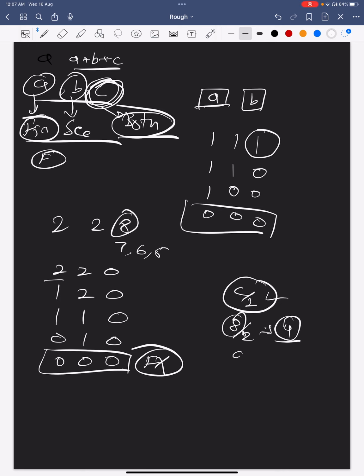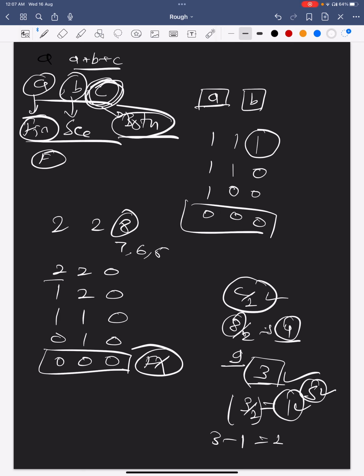But if it is odd, like 9 or 3, then A will get more moves, because the first girl starts first. For 3, 3 by 2 with the lower bound is 1, so 1 goes to the second girl, and 3 minus 1 equals 2, so 2 go to the first one. This is the distribution of C among both girls.